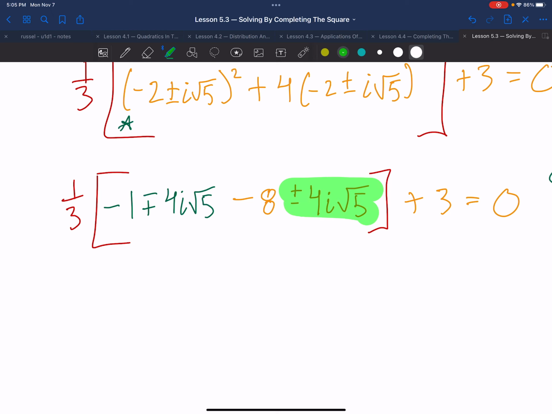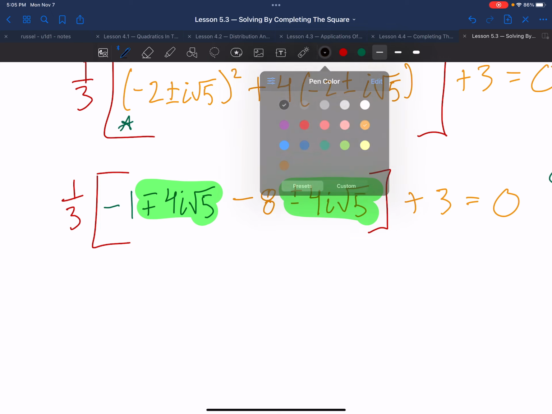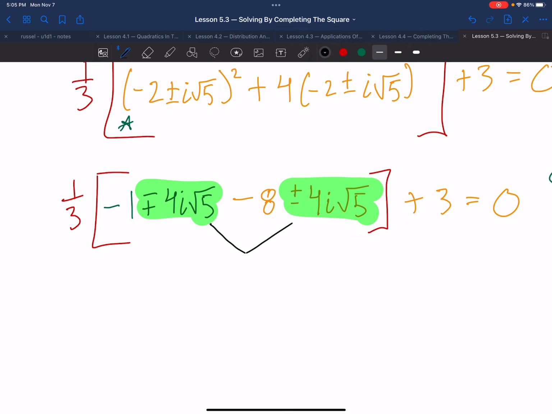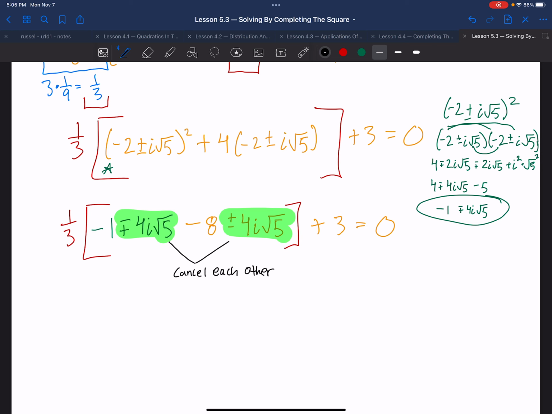This guy and this guy are going to cancel. All right? Let's do it in black. Cancel each other. Because look, if I put in the positive one, then it would have been negative, it would have canceled.